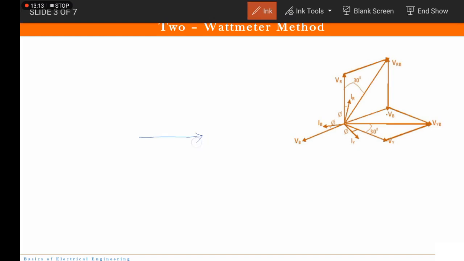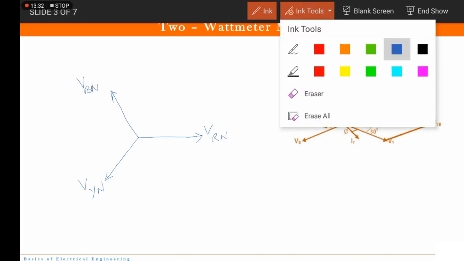Okay. So suppose I take reference as VRN, then I would be drawing three phase voltages VYN, which are 120 degrees out of phase with each other, correct? So this is VBN. Okay.